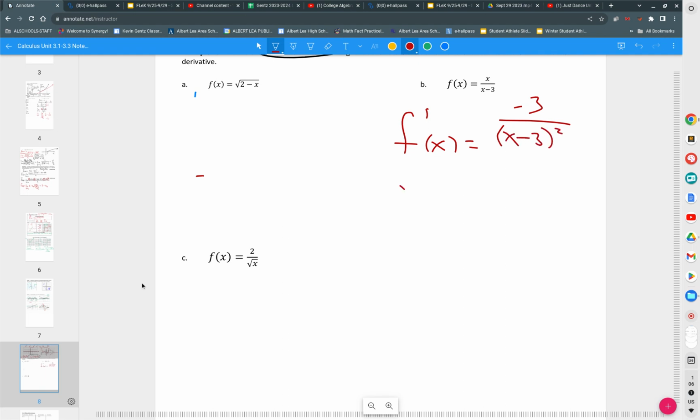So let's say you want to know the derivative at x equals 4. Well, then just plug in 4. And notice how you get negative 3. That's the slope. So that was like the a. If you want to know, what's the slope at x equals 0? Then you just plug in 0. You now have a rule that will give you the slope all the time. So you don't have to do multiple ones. You can just do one and be done. Super helpful.